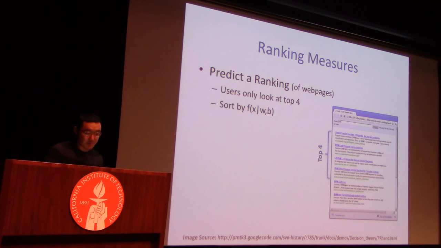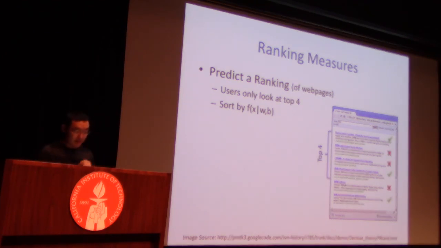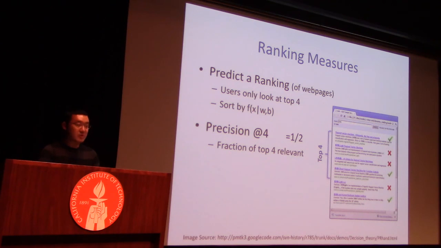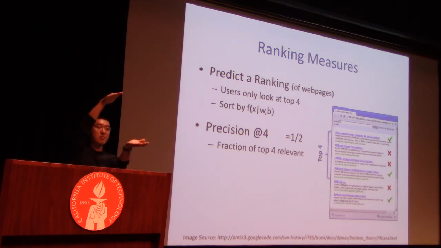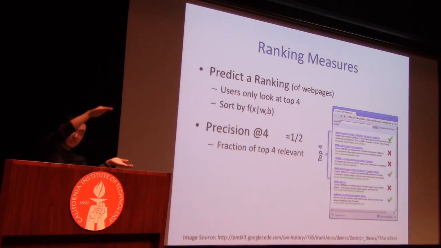One ranking measure is, if we issue a query and the user only looks at the top 4 results, then we rank all the examples by our model score, take the 4 highest scoring examples, and show those to the user. If half of them are positive and half negative, that's called precision at 4, and in this case we get a precision at 4 of 50%.